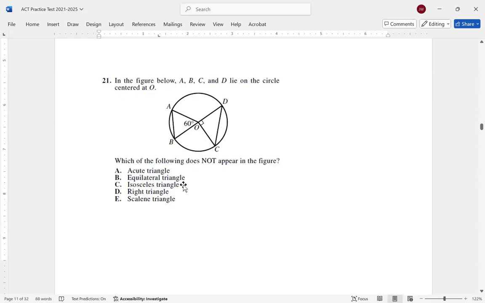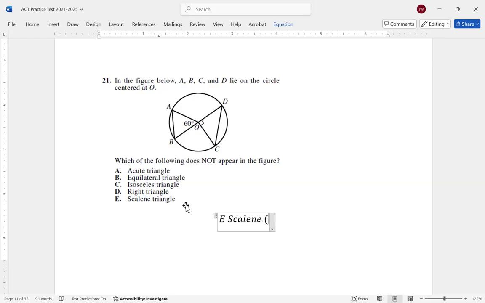Isosceles triangle means two sides are the same. And we see that with ODC. O to D and O to C are both the same, so that's isosceles. ODC is also a right triangle because it has this 90-degree angle. The only option that we don't have is E, scalene.